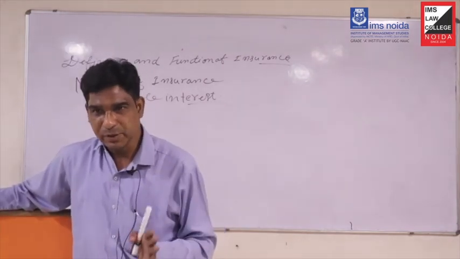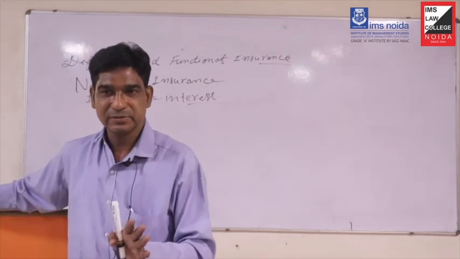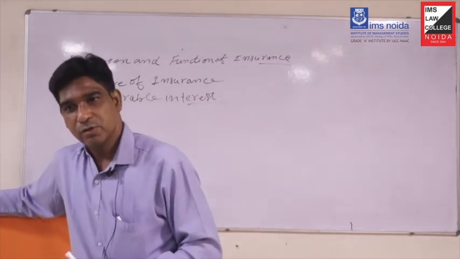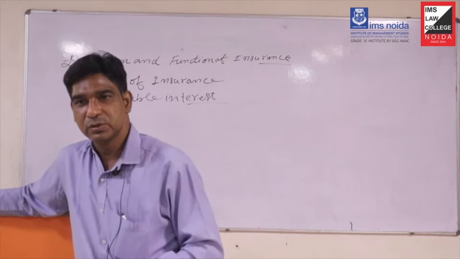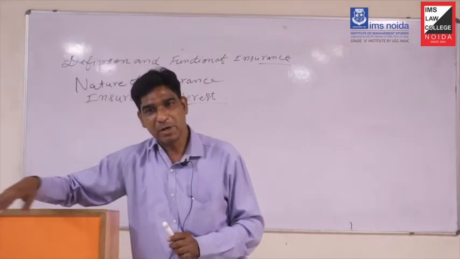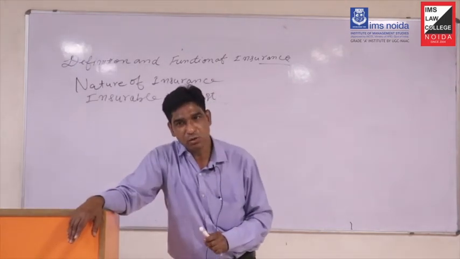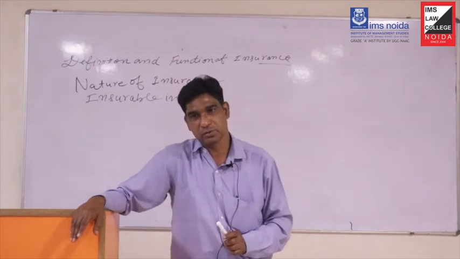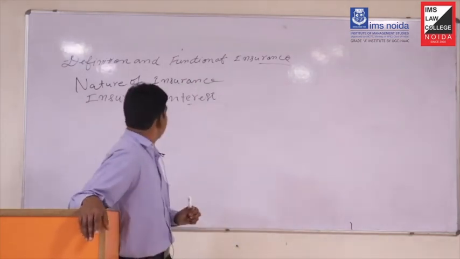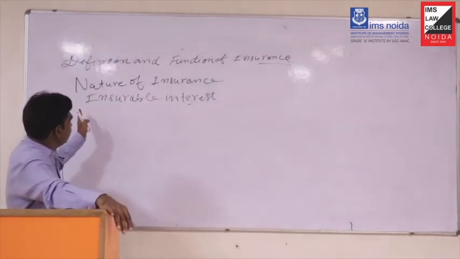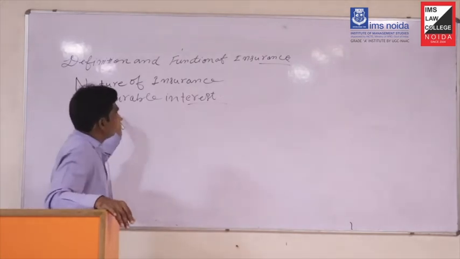On the happening of the uncertain event, the insurance company is bound to pay the amount mentioned in the policy or the insurance cover note. Now, it is necessary that there should be some insurable interest.